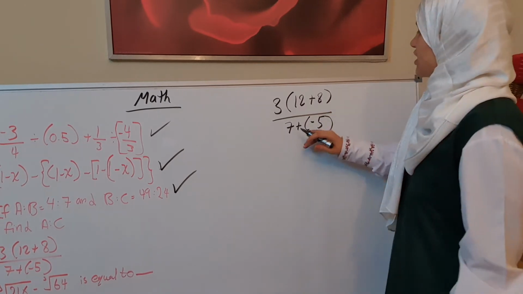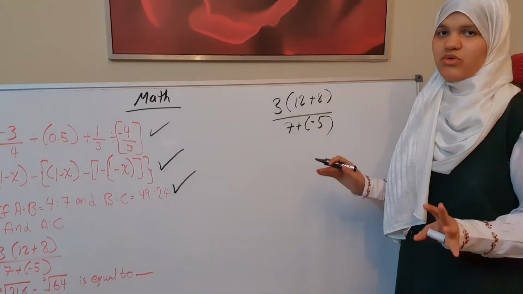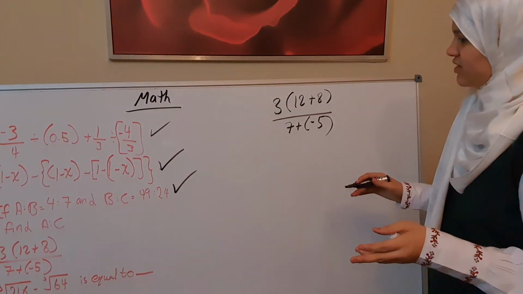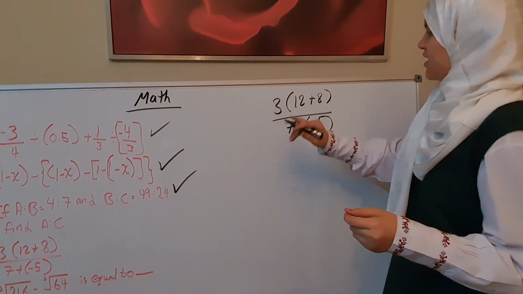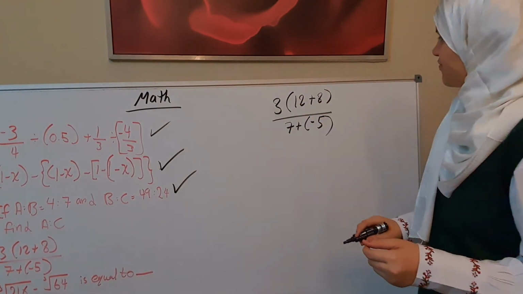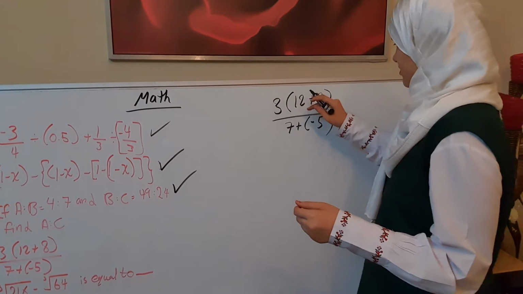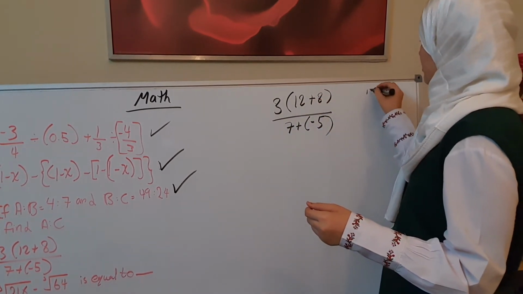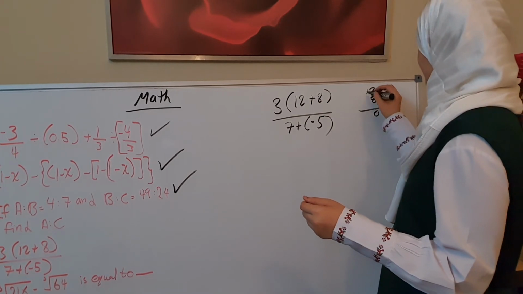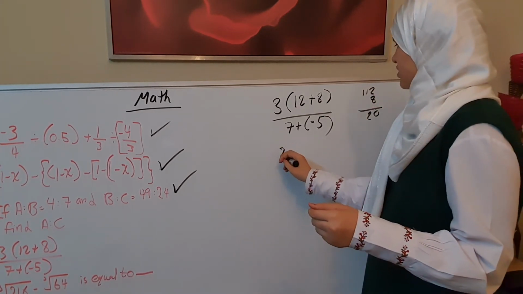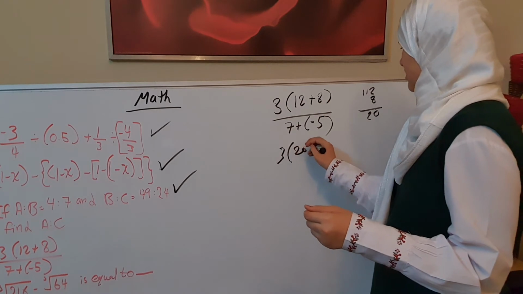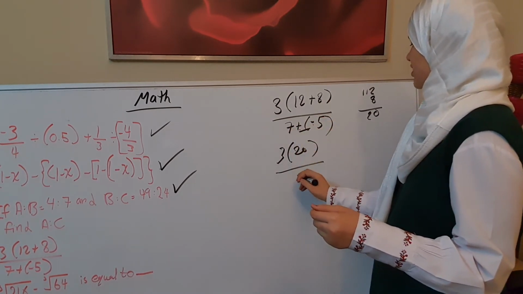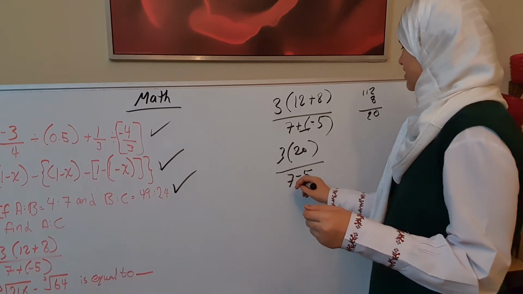Now first thing, we'll finish the brackets. Inside the bracket, 12 plus 8 will be 20, over 3 positive with negative, it will be negative 5 and 7.